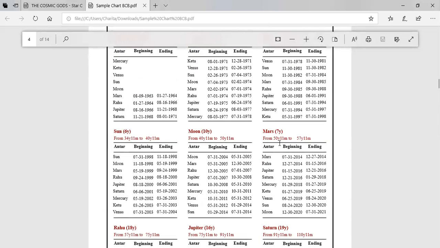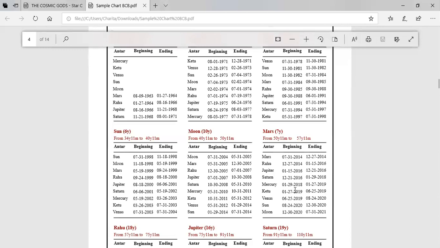So at the time that I'm recording this, this is May 2019. So I'm going to find May 2019 here. So it's not here, it's not here, it's not, oh, okay, it's going to be in this range. So I'm looking for May, this is January, this is up to January 2019. Okay, right here, right? So this is January to June of 2019. So right now, this person would be in Mars, K2 Mahadasha.